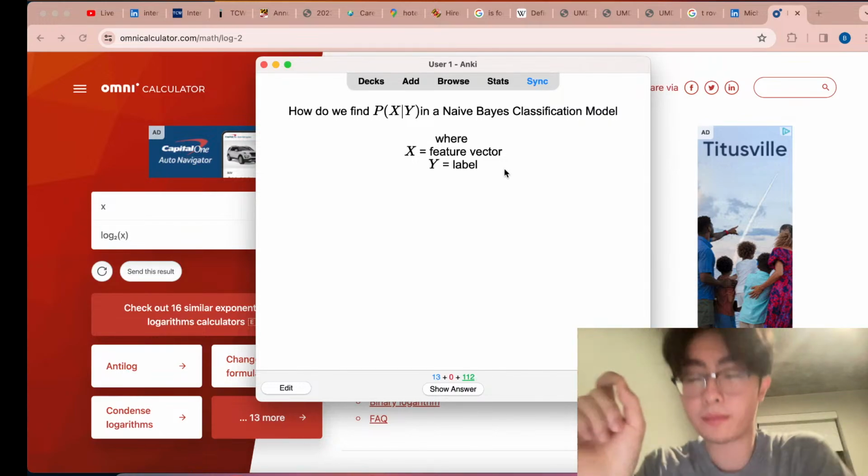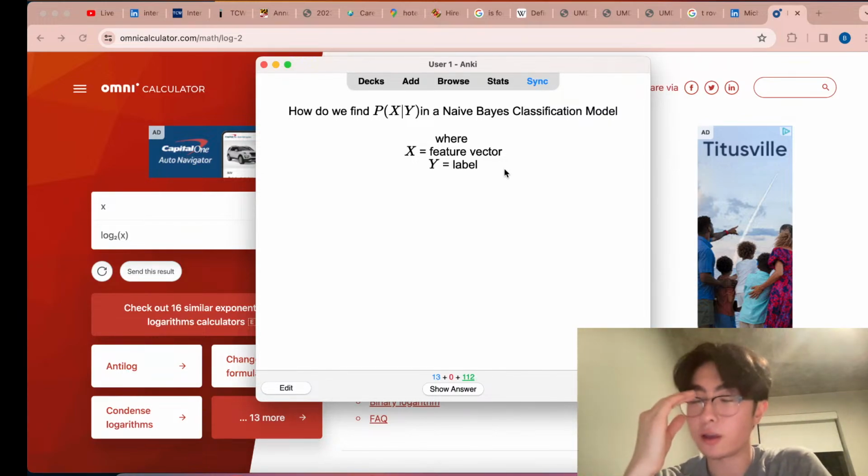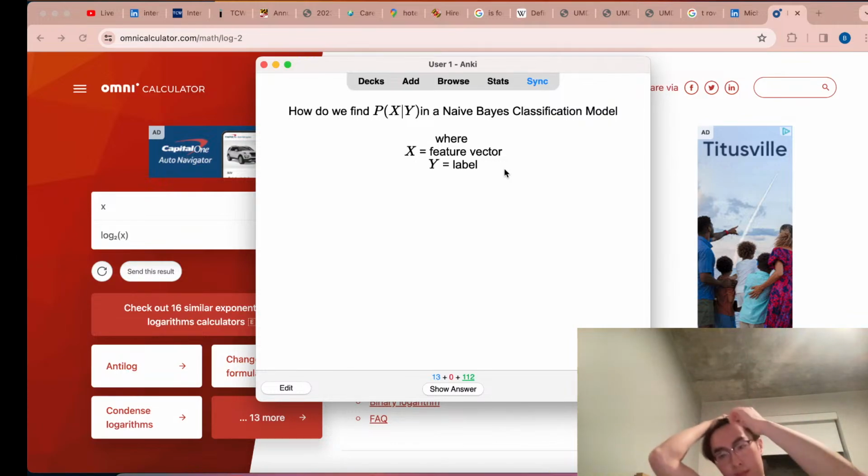But an important thing to understand here is that we have to do this for all of the feature values within the feature vector.